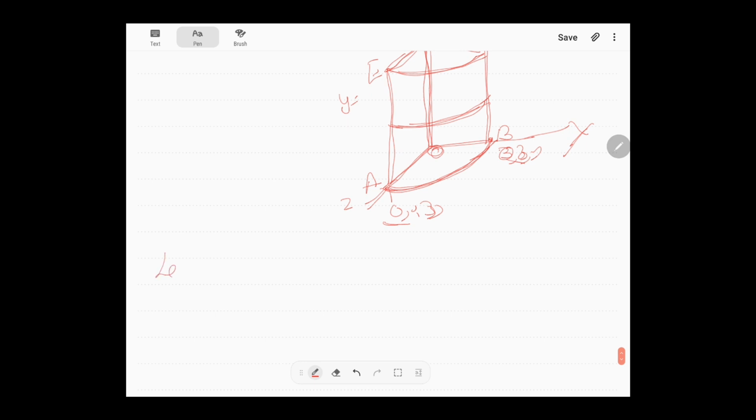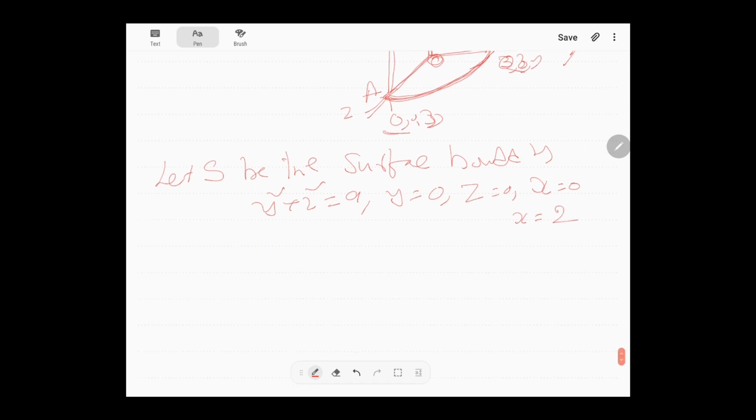So let S be the surface bounded by y square plus z square is equal to 9, y equal to 0, z equal to 0, x equal to 0, x equal to 2.